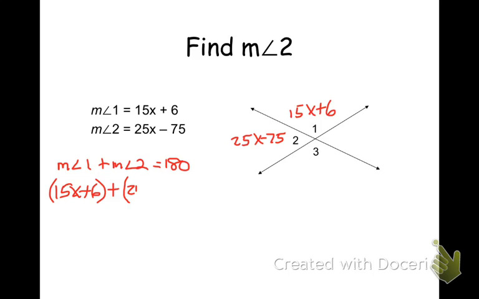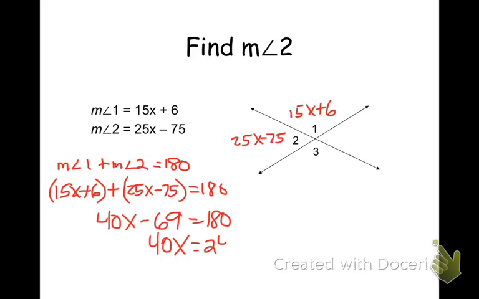So 15x plus 6, here's the measurement of angle 1, plus 25x minus 75 is equal to 180. So we have 40x minus 69 is equal to 180. 40x is equal to 249. And x is 249/40.